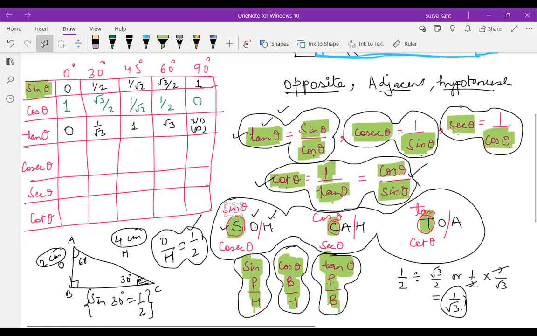Now cosec theta. Chanchal, can you tell me what we can write for cosec theta? Can you hear me, Chanchal? Who was telling the answer for tan theta?